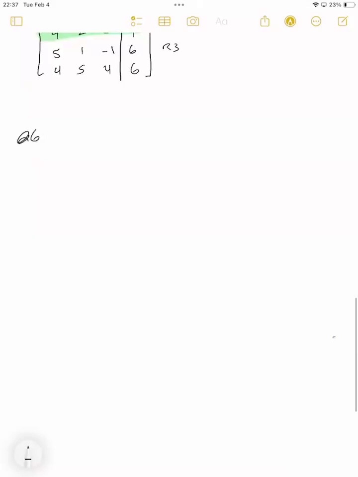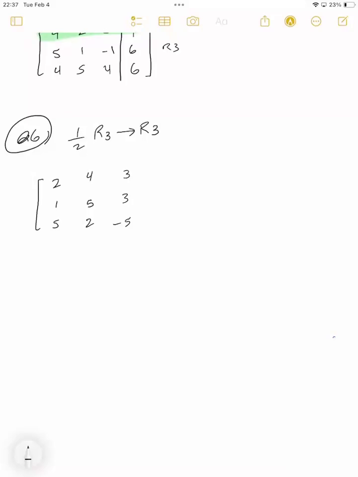Question number 6. This problem says, multiply 1/2 by row 3 and replace row 3. So this is our matrix: 2, 1, 5, 4, 5, 2, 3, 3, -5, 5, 7, 7, 7.